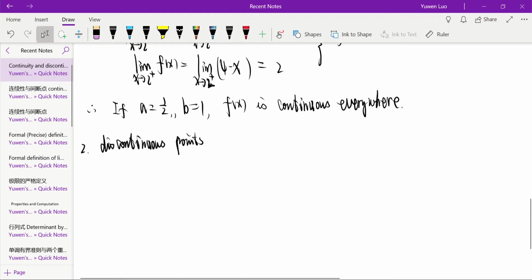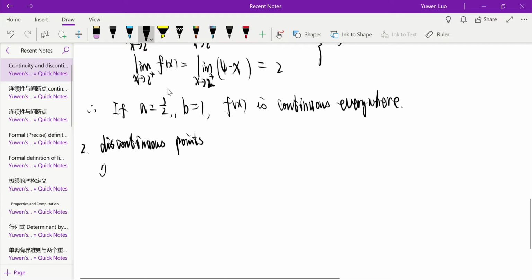There are four types of discontinuous points. They can be categorized by the limit, whether the limit exists or not.